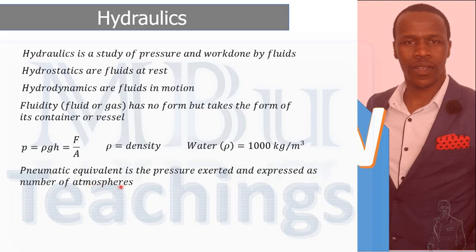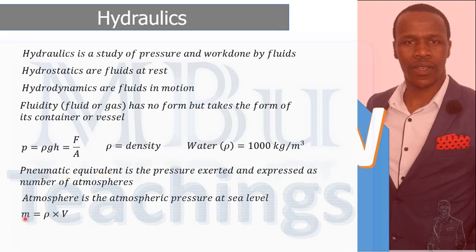What are atmospheres? An atmosphere is just atmospheric pressure at sea level, and that is 101.3 kilopascals in value. In other words, if you have 3 atmospheres, that means we have 303.9 kilopascals of pressure. That is what is referred to as pneumatic equivalence.